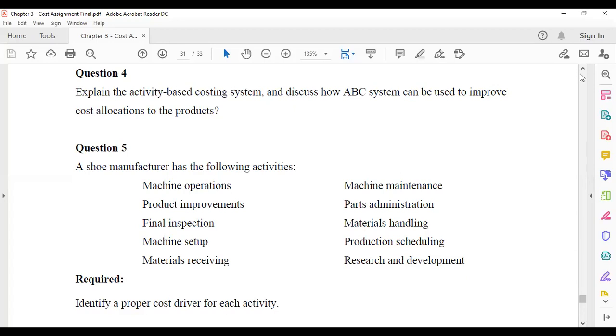So it's a kind of improvement. And the other thing is that it considers the cause and effect relationship when linking the cost accumulated initially in the activity cost centers to the final product. By doing that, it will improve the cost allocation system. Then you may come up with the appropriate product cost, which means appropriate pricing, which means good, healthy profitability. So that is what we call the activity-based costing system.